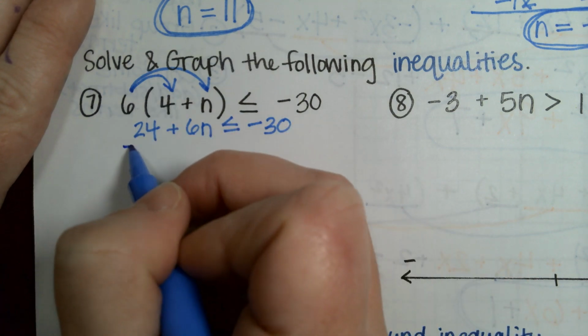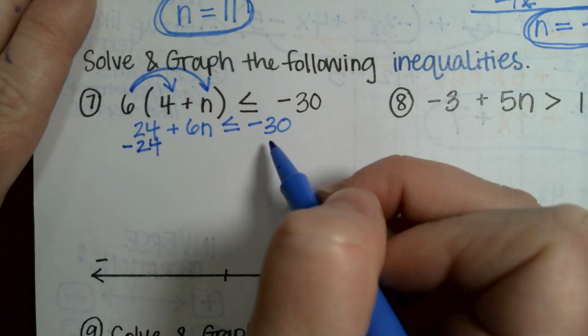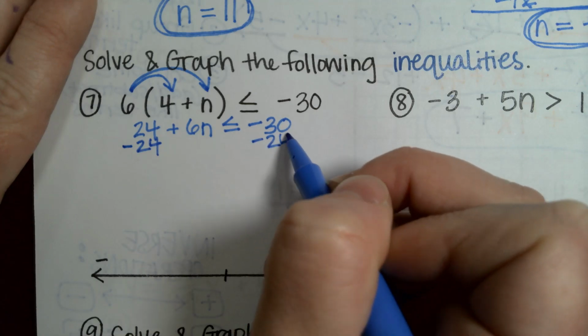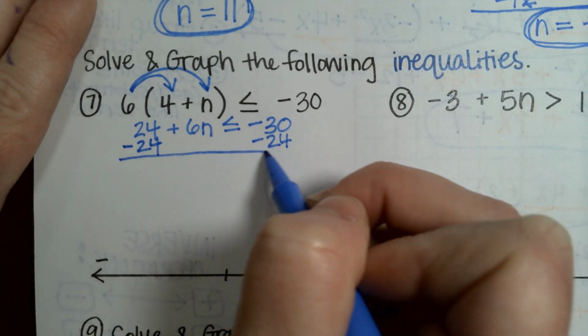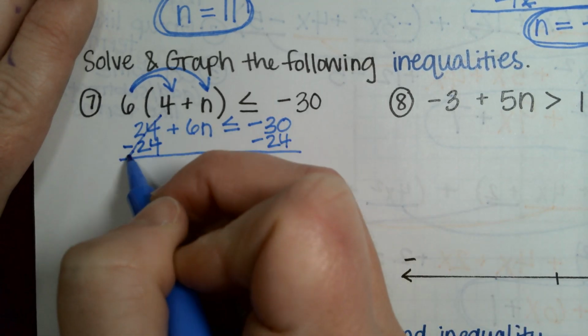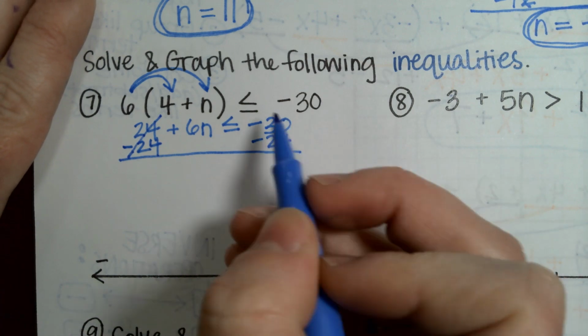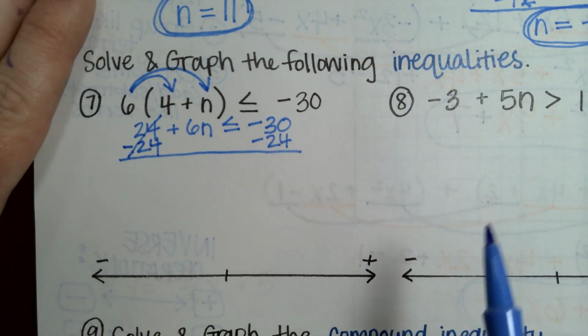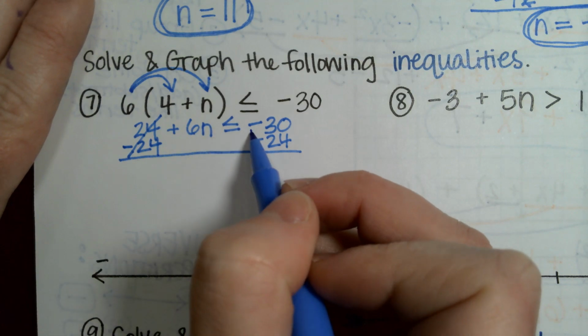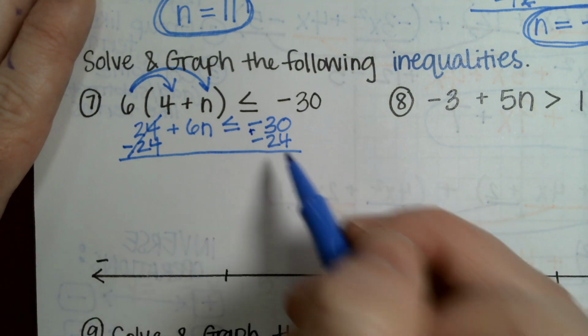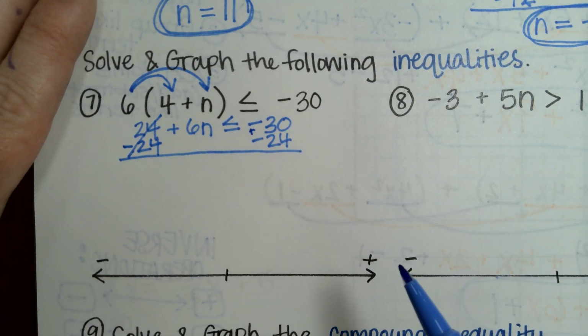Yes, subtract 24 from both sides. And when you guys do this, be really careful whenever you do negative 30 minus 24. It's not the same thing as 30 minus 24. You've got 2 negative numbers here, basically. Looks like you're adding them. Negative 30 plus negative 24. What's that going to give you?